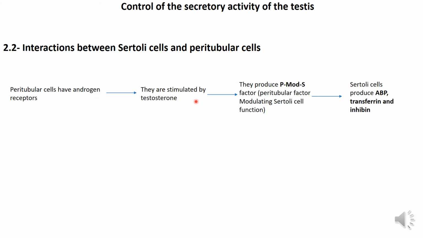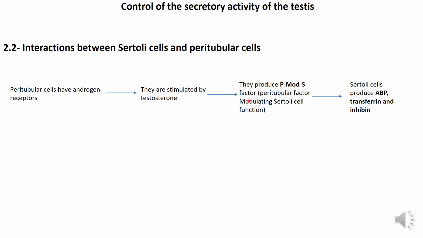And those peritubular cells, under the action of testosterone, can produce the PMOD S. This is a factor called the peritubular factor modulating Sertoli cell function. So we call it the PMOD S.